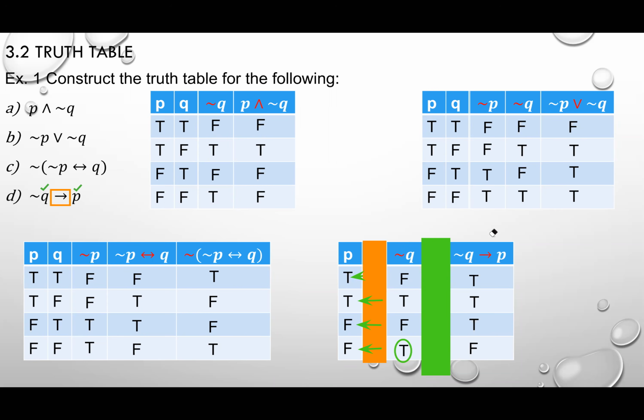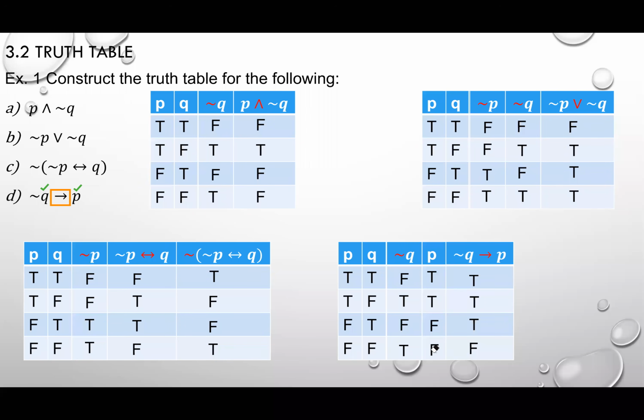Okay, so you have to make sure, put a note, put a star, put a highlight, whatever you need. Just know that one single arrow to the right, the if and then statement, the conditional statement, the order matters. And if the order matters, you have to look from left to right. Whatever comes first, you look at first. Whatever comes second, you look at second.